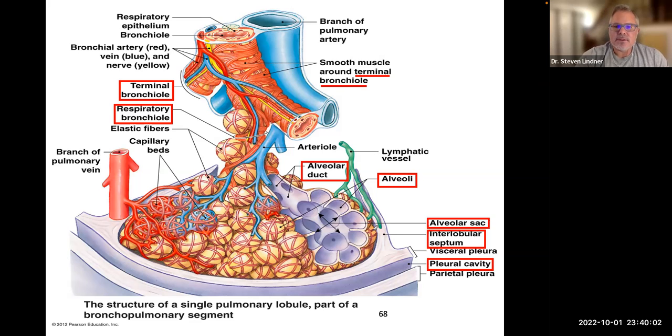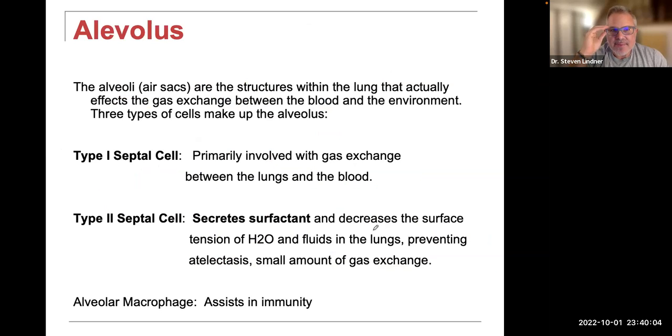Okay, let's take a look at the alveolus, or the air sacs. These are the structures within the lung that actually affect the gas exchange between the blood and the environment. And there are different types of cells that make up the alveolus.